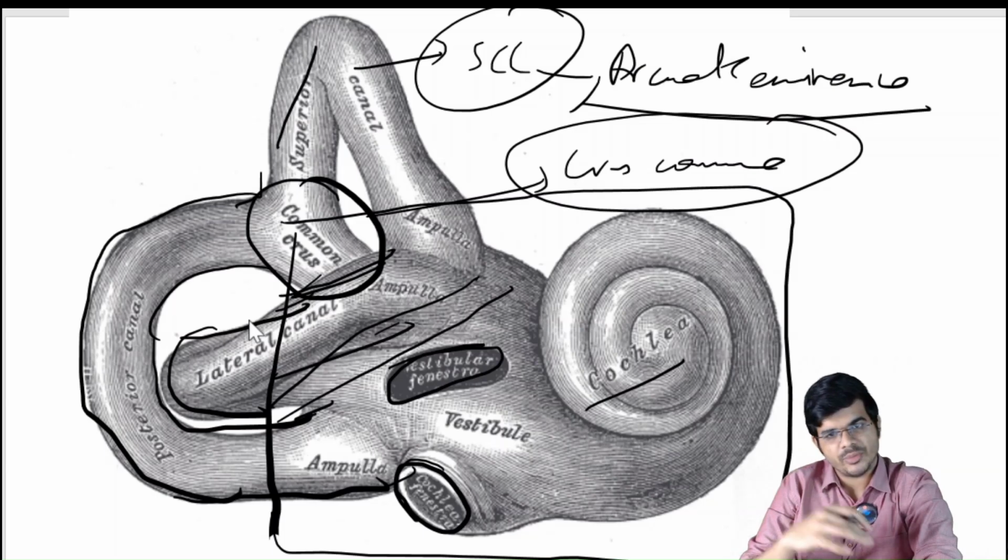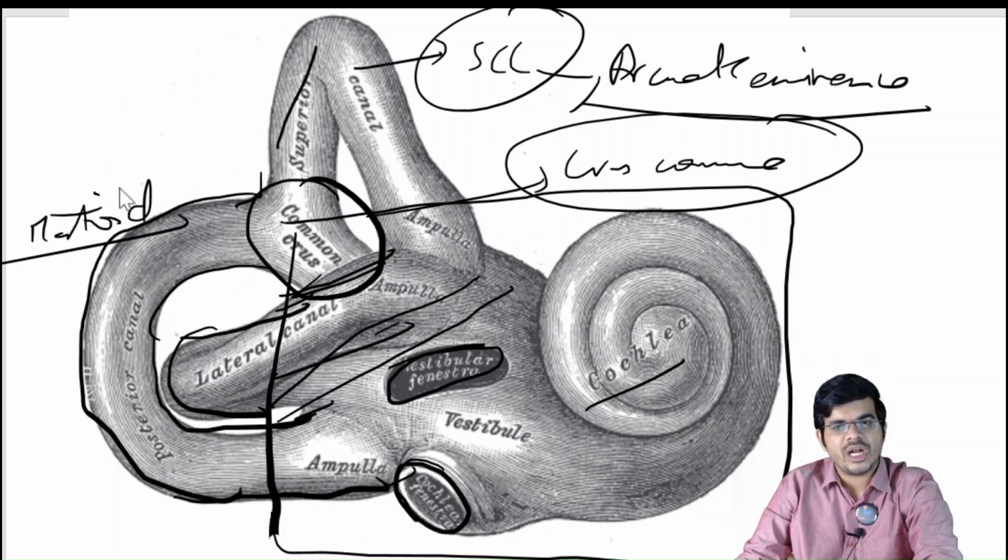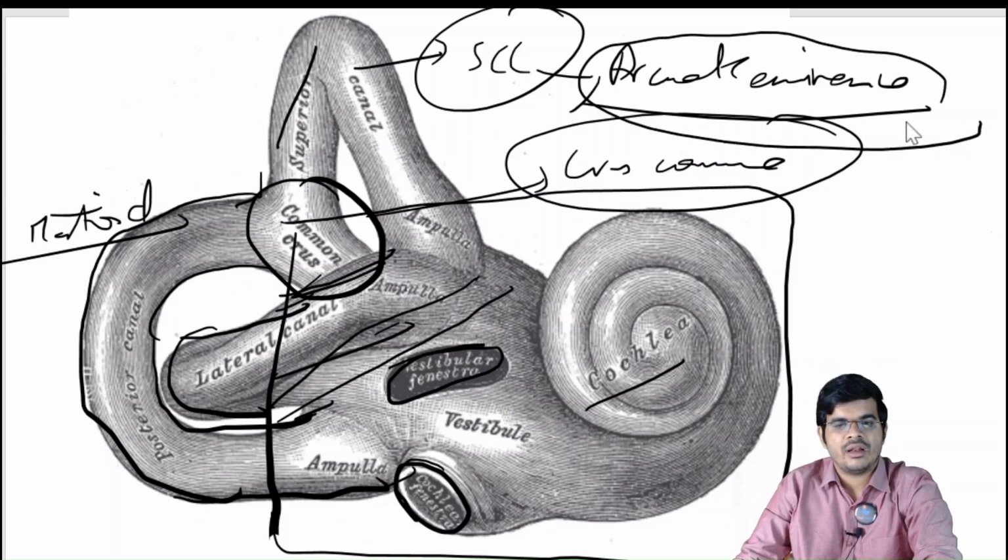The part projecting into the medial wall of the middle ear is the lateral semicircular canal. The part projecting into the mastoid is the posterior semicircular canal, and the part projecting upward into the skull base to form the arcuate eminence is the superior semicircular canal. So that's about the bony labyrinth.